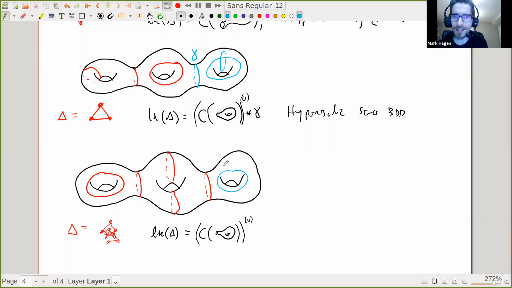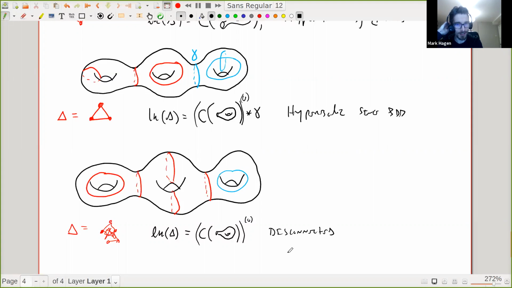So the once punctured torus is one of finitely many surfaces where the definition of a curve graph is a little bit different. It's still hyperbolic, but it's totally disconnected, right? I can't draw 2 disjoint curves on here. So the link is disconnected.